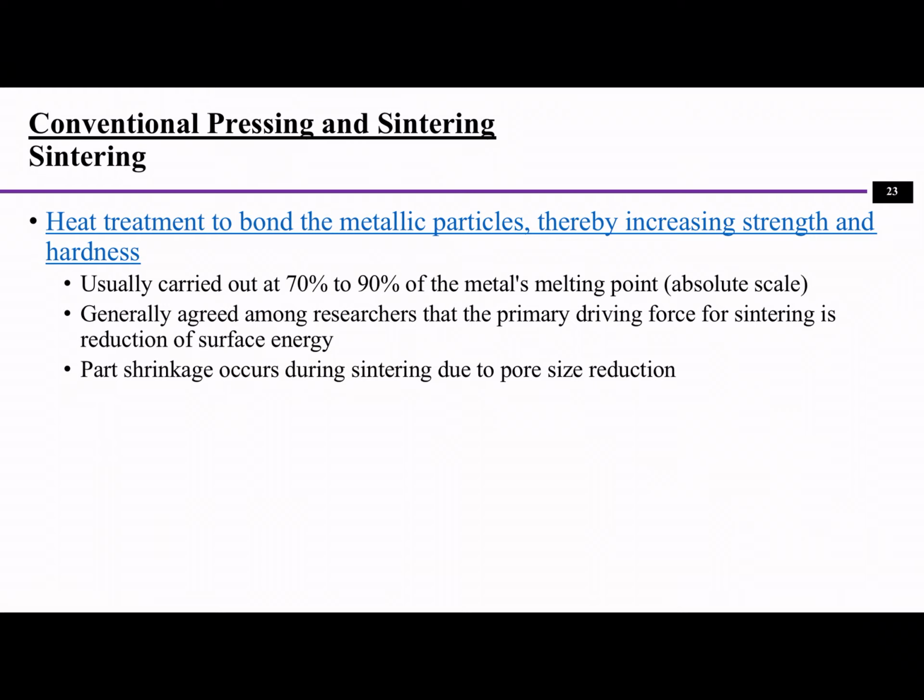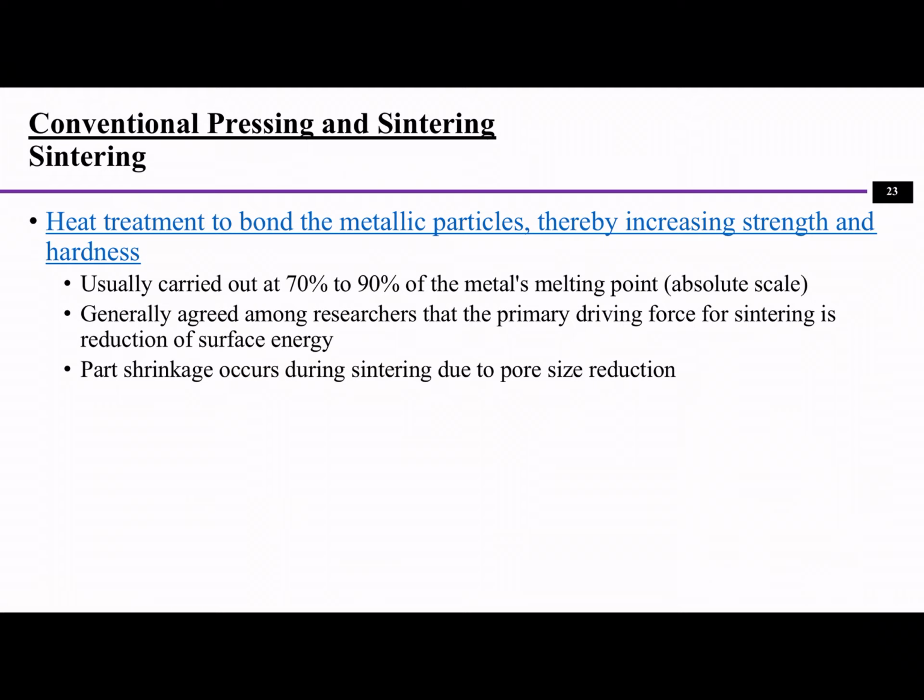Of course, when we are sintering the part, we are not going to heat it up to a very high temperature to melt the metal powders. We have to keep the temperature below the metal's melting temperature. Otherwise, it will melt into a liquid state and lose its form or shape.